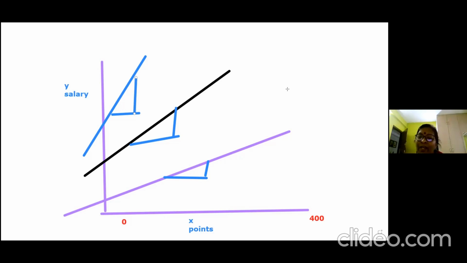And if your pay line is like this, the slope value is very, very less. For every increase of 1 point in the job, how much does your salary increase? That is called the slope value. Are you very clear now? Please give me a thumbs up. And that is what you calculate through regression.